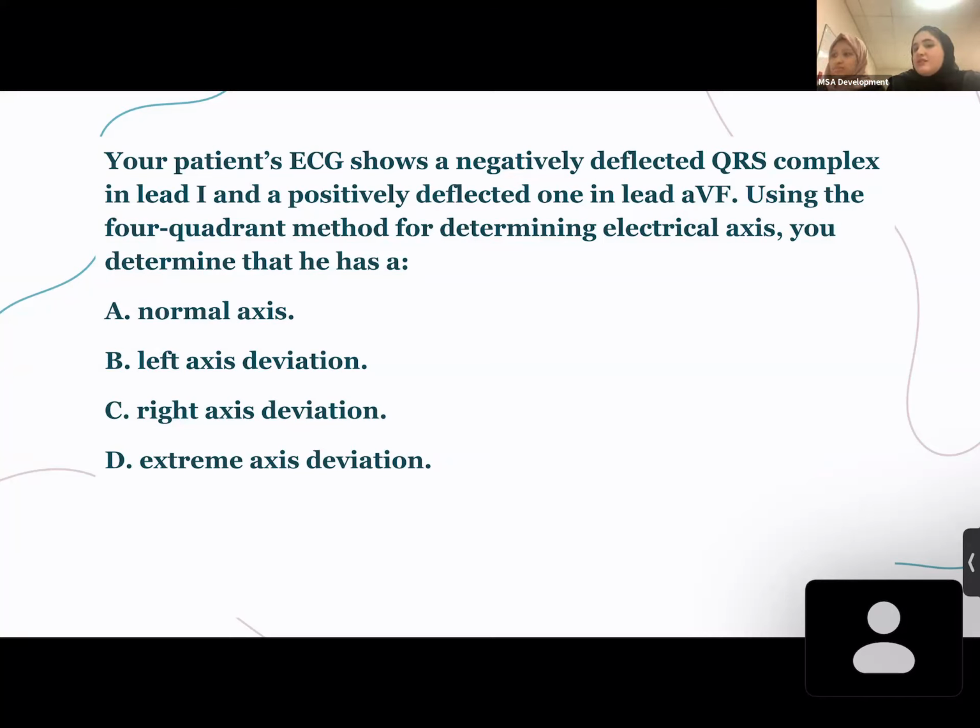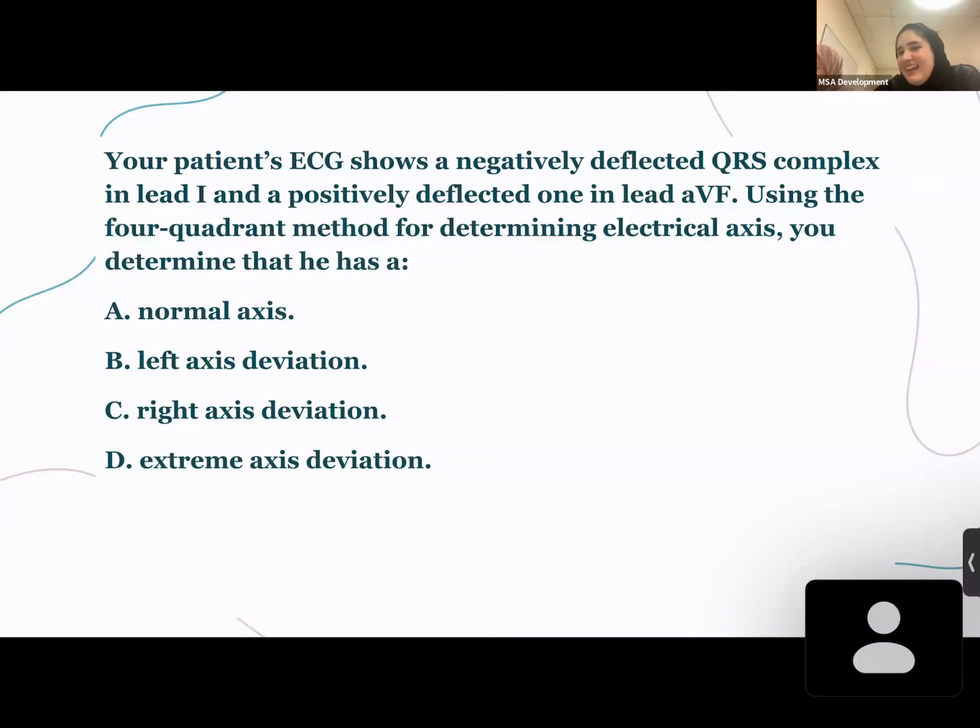Using the four-quadrant method for determining electrical axis, you determine that he has a... What do you see? Because a negative lead 1 means going toward the left.